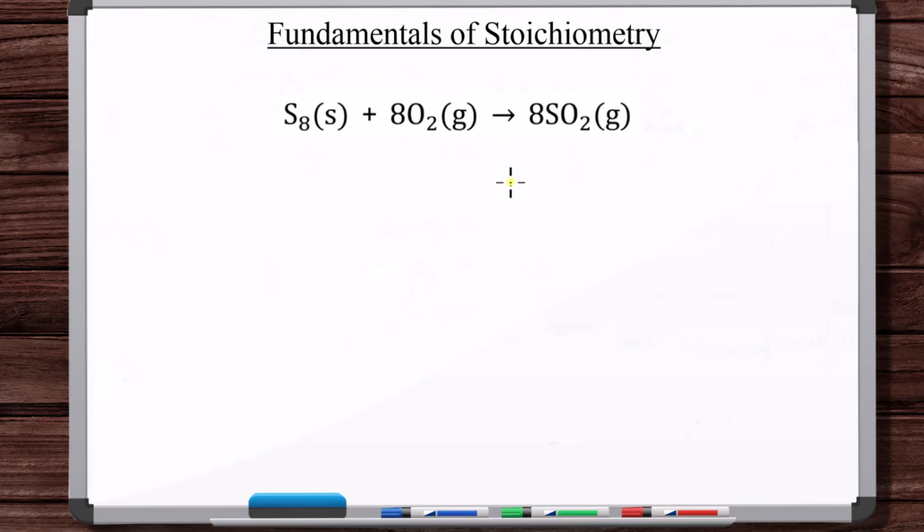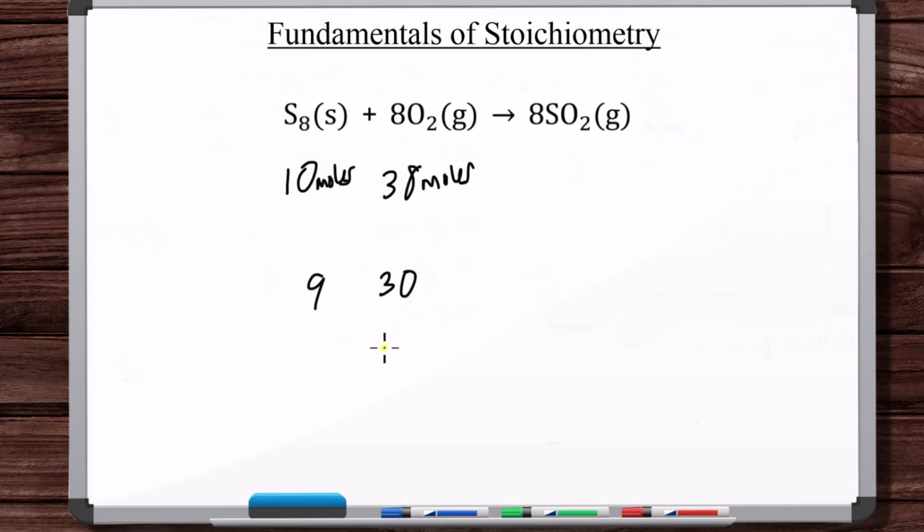If you started off with 38 moles of O2 and 10 moles of S8, well, we can look at this from a molecule by molecule perspective. Same thing as moles. So, okay, 8 molecules of O2 get used. So now you have 30 molecules of O2, but only 1 molecule of S8 was consumed.